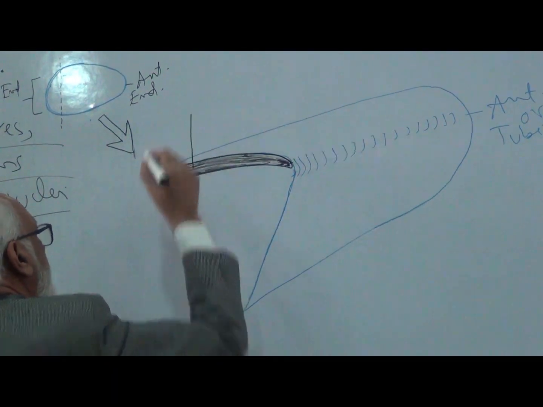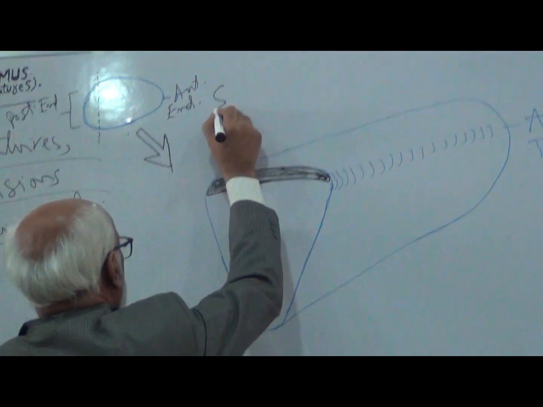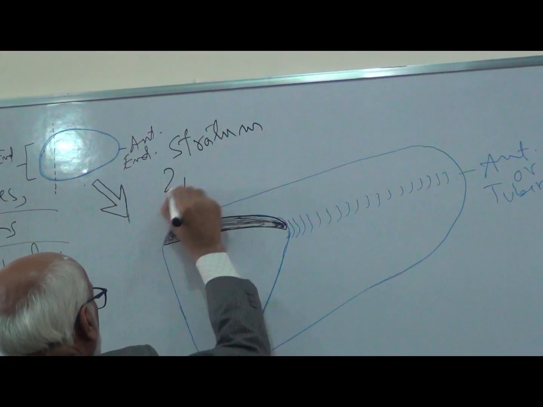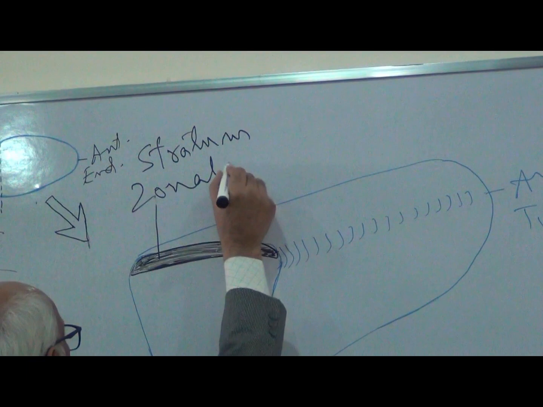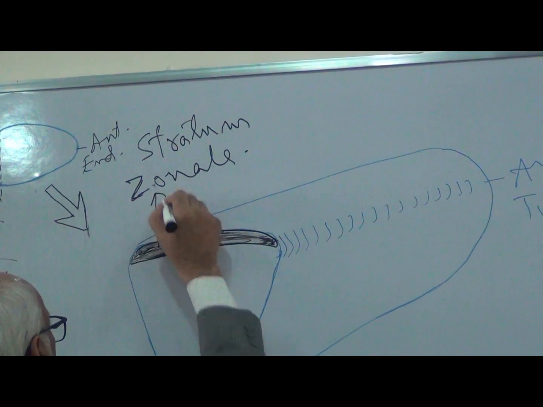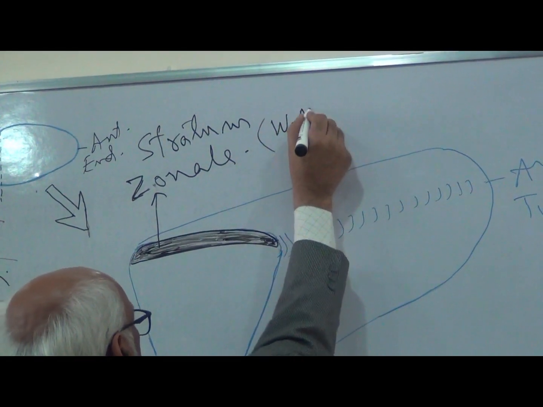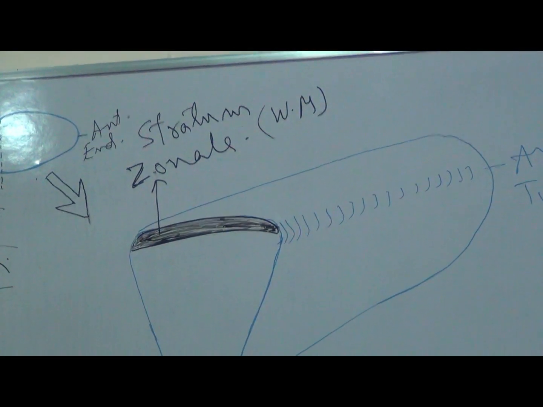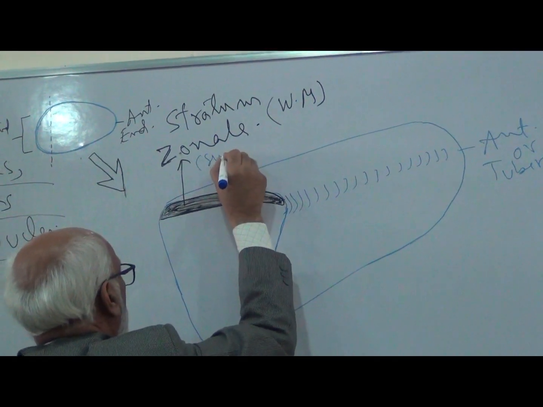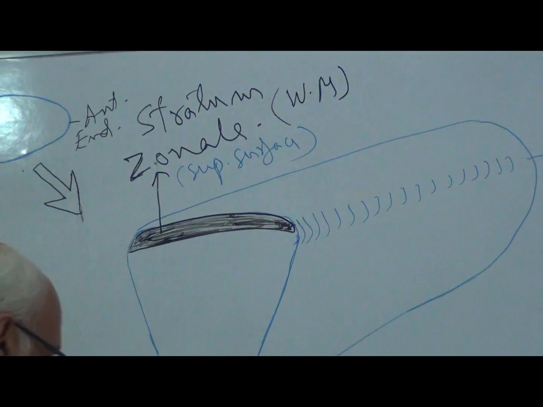This layer of white matter which covers the superior surface of the thalamus is known as stratum zonale. This is a layer of white matter covering the superior surface of thalamus.